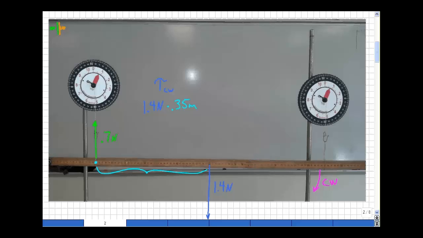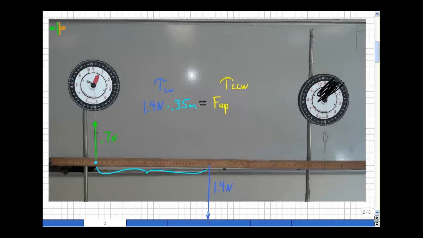Now we know the torque in the clockwise direction. But since I'm not cutting this string, let's say we didn't know what this was. Let's say we knew the mass of the stick, but we didn't know what the scale read. Well, we could set this equal to the counterclockwise torque. We know there has to be a force acting up.